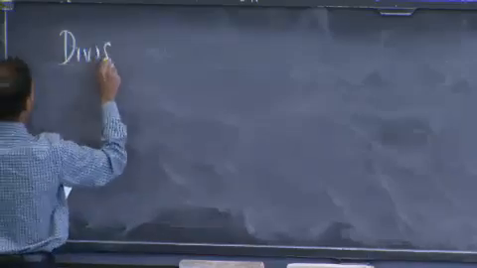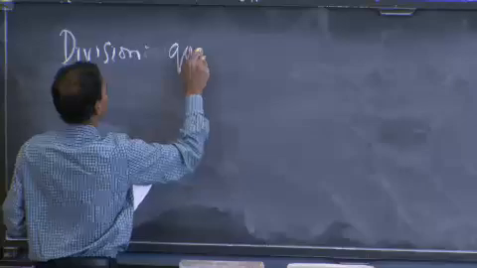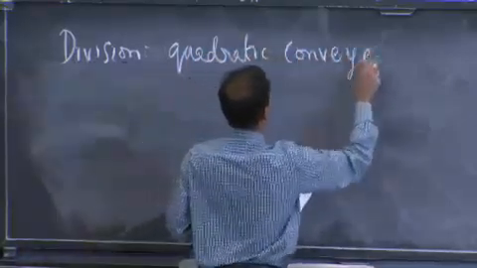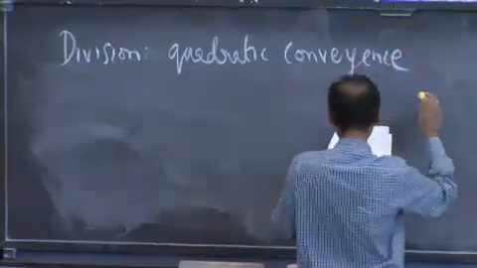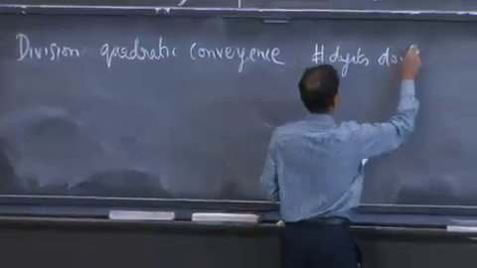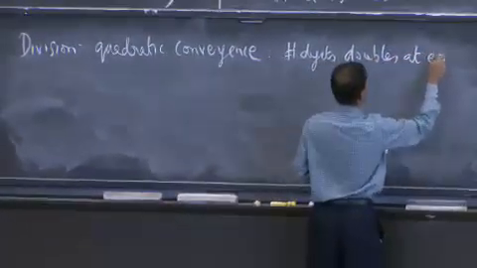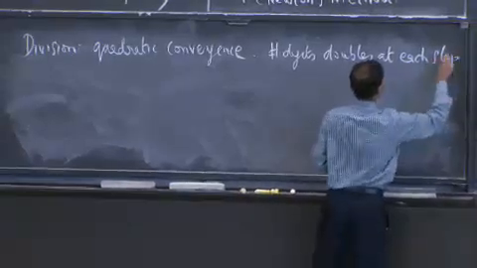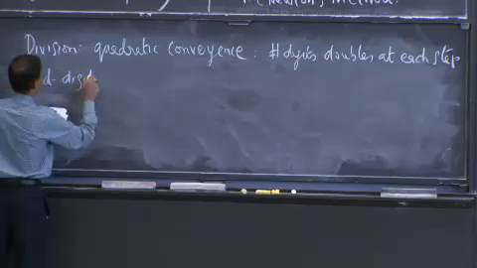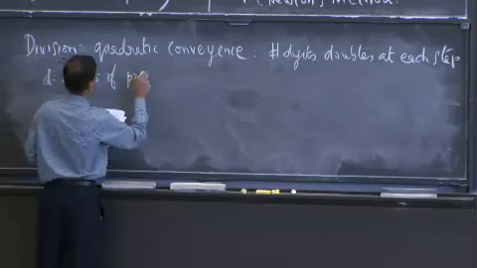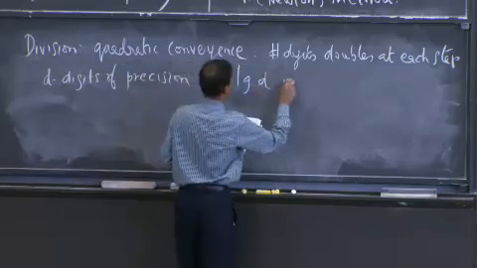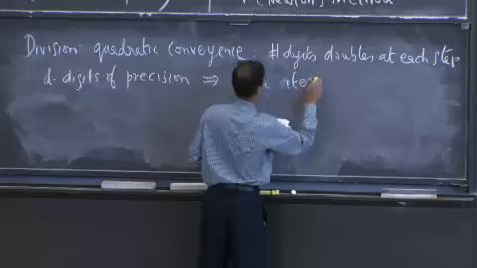Division has quadratic convergence, so the number of digits doubles at each step. Good news. So d digits of precision requires log d iterations.